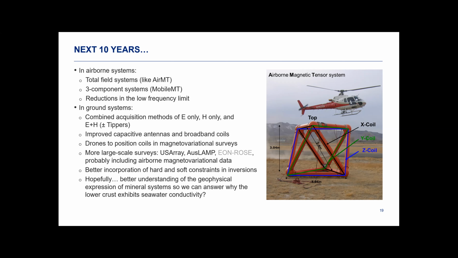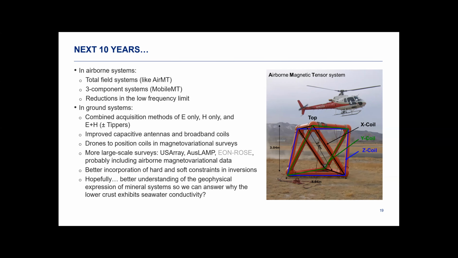People are talking about having sparse electric stations, because those need access, but being able to put H-only stations from drones and collect data in areas that are otherwise difficult to access.